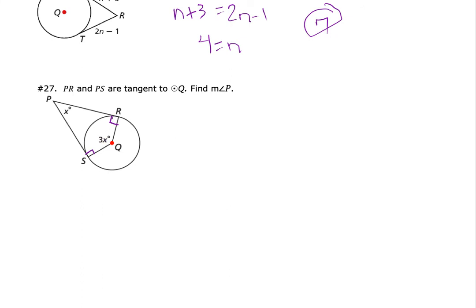We know this is 90 and 90, and we know this is 3x and this is x. And if we add them all up, this should be 360 degrees because it is a quadrilateral. So you're going to have x plus 3x, so 4x, plus 90 plus 90 equals 360. And then you're going to solve that. I believe I end up with 45 degrees for x, and that's what they wanted.